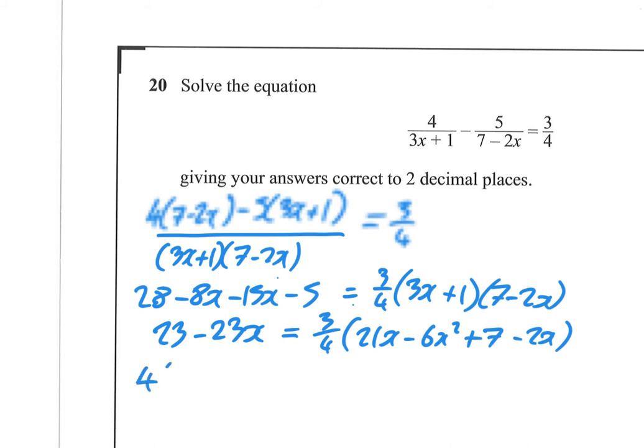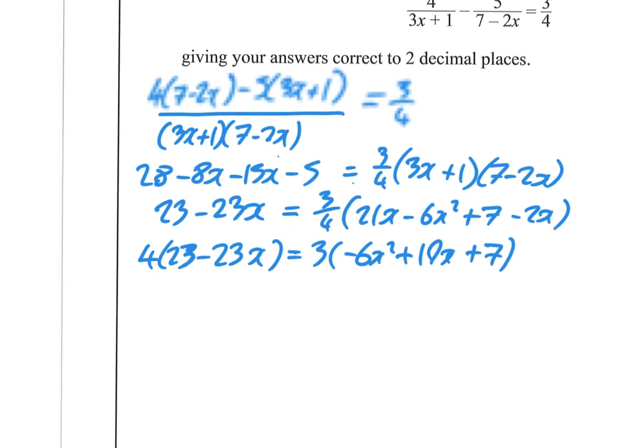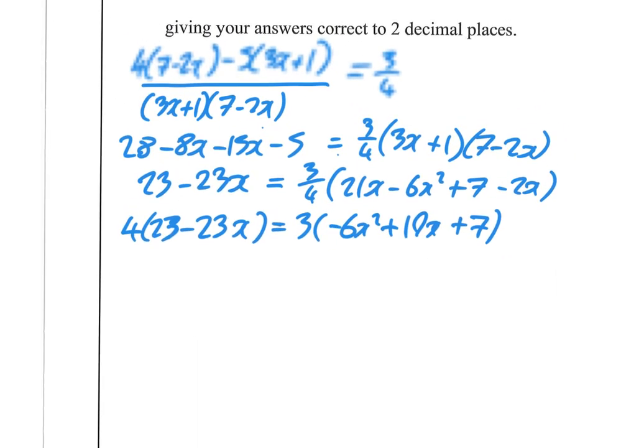So we're going to have 4 times 23 minus 23x. And the right hand side then, we've still got 3 times, and that's going to be minus 6x squared plus 19x and plus 7. Then we can just multiply it and tidy up. You're now going to have 92 minus 92x is equal to minus 18x squared plus 57x, and then plus 21.